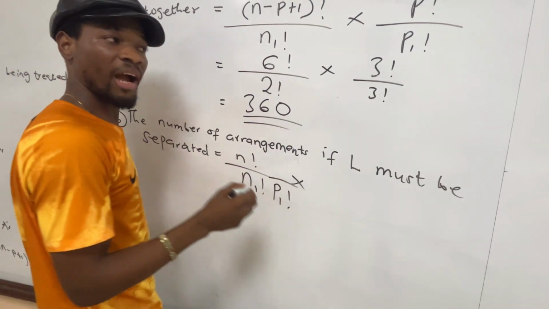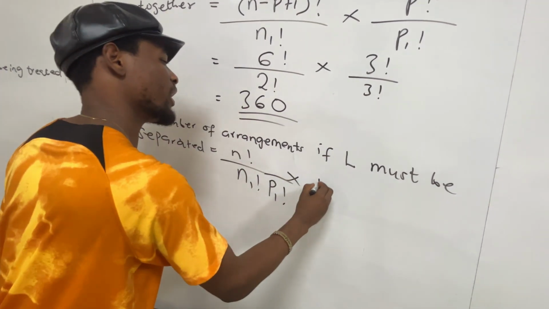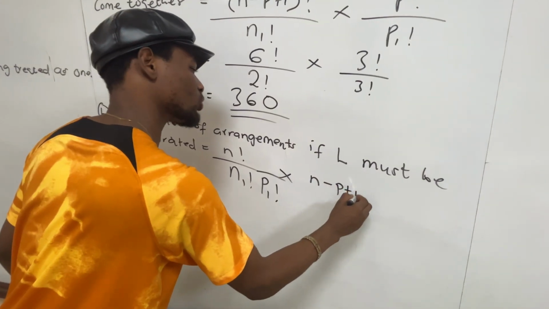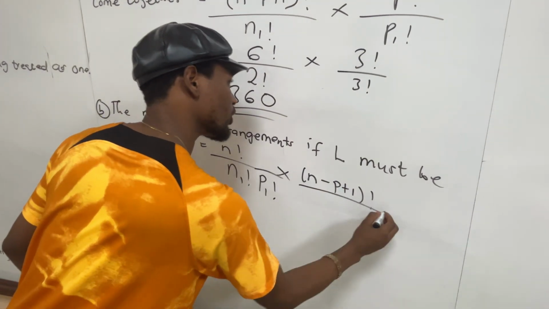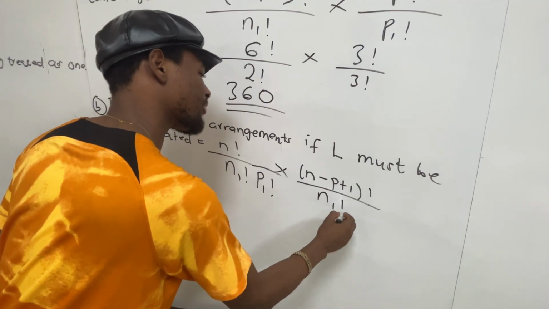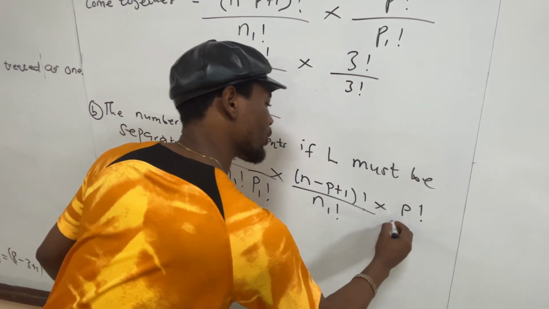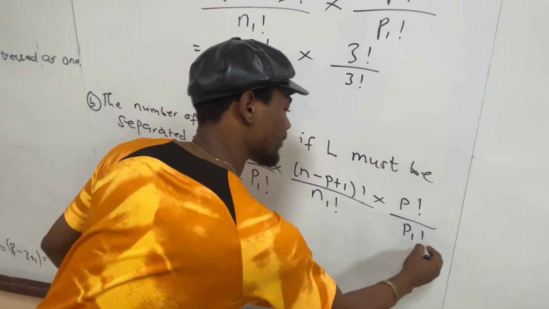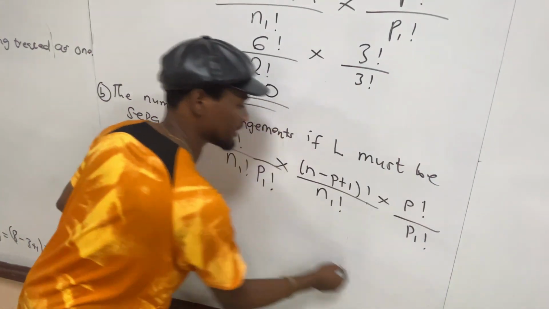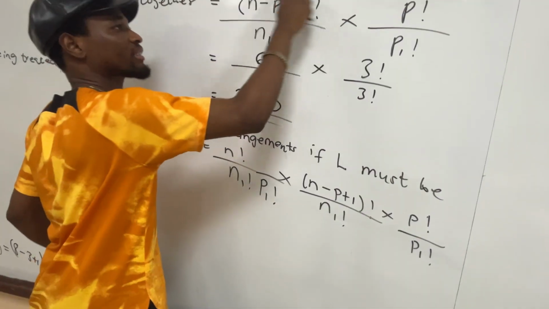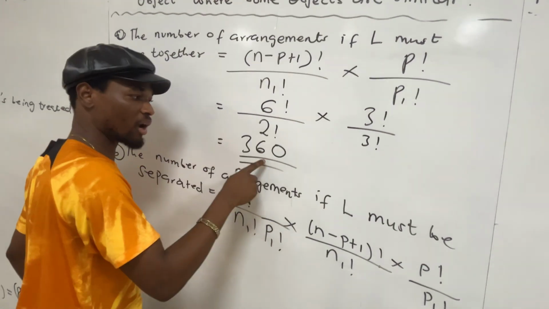So ideally the formula is supposed to be N minus P plus 1 all factorial, then all over N1 factorial times P factorial over P1 factorial. But remember that the whole of this is the same as this.